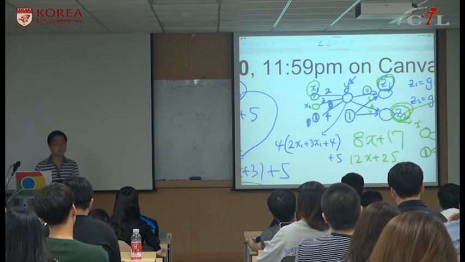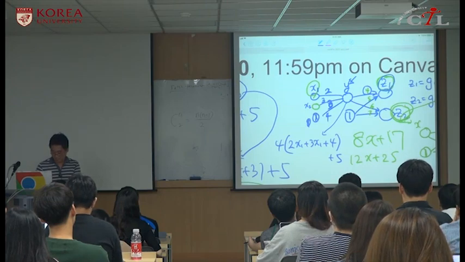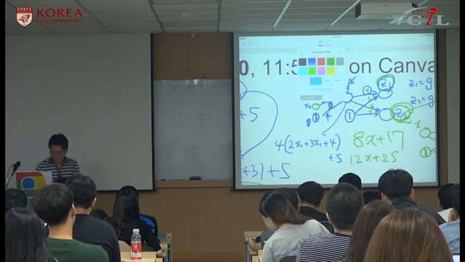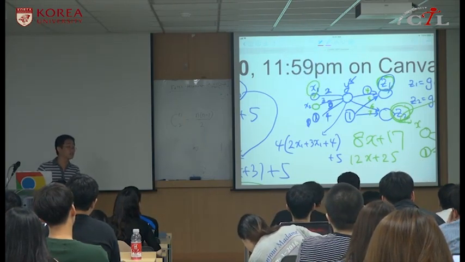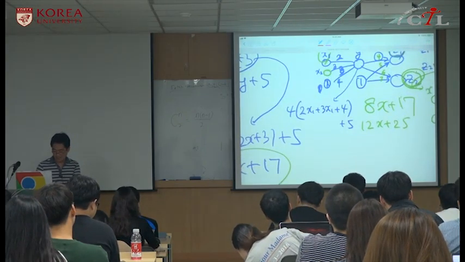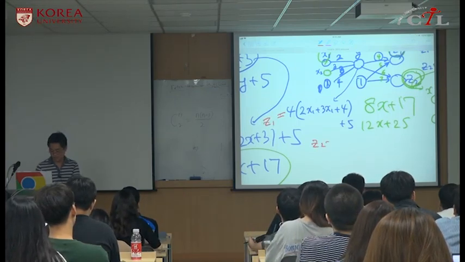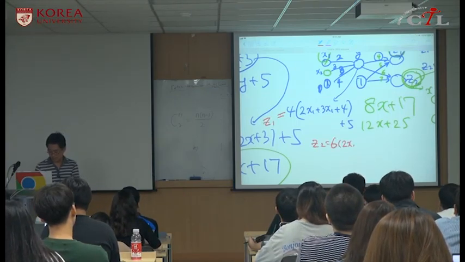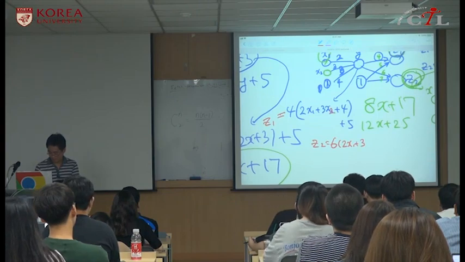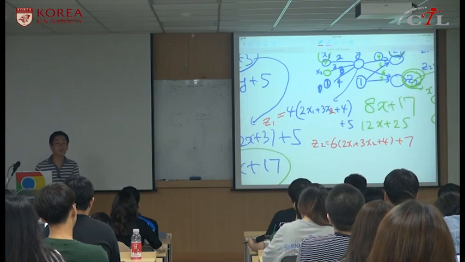So that will be this Z1, right? So in this case, let's look at the ratio between x1 and x2. It's a little bit messy, but this is Z1, and Z2 is 6 times 2x1, 3x2, 4 plus 7, right?